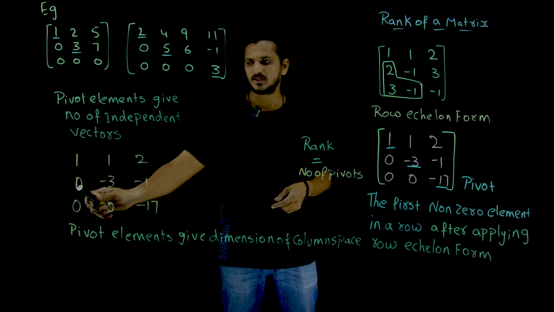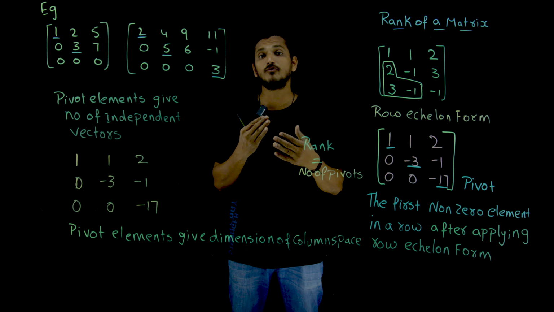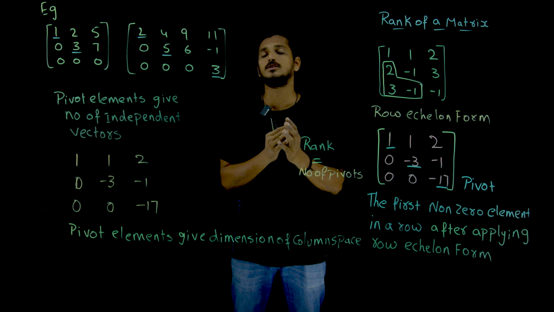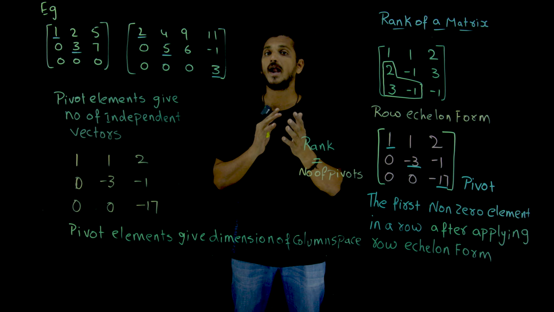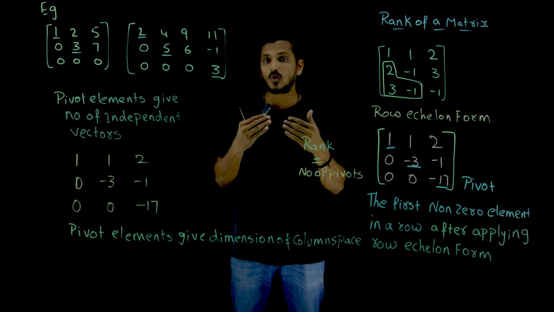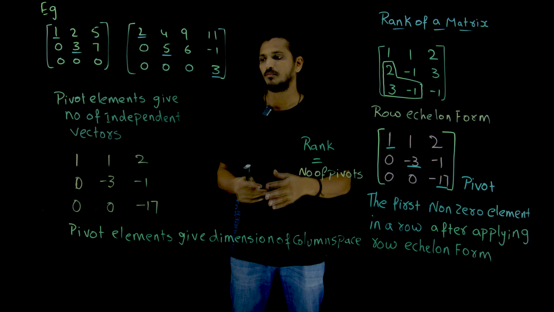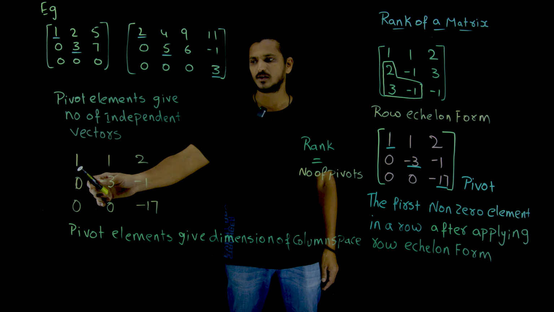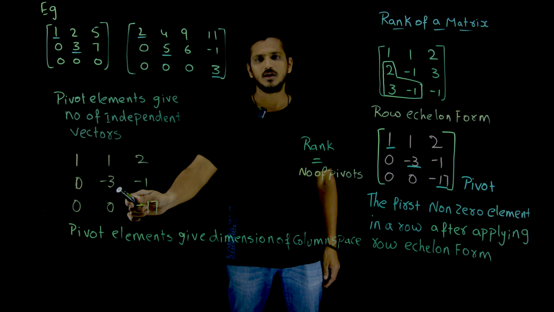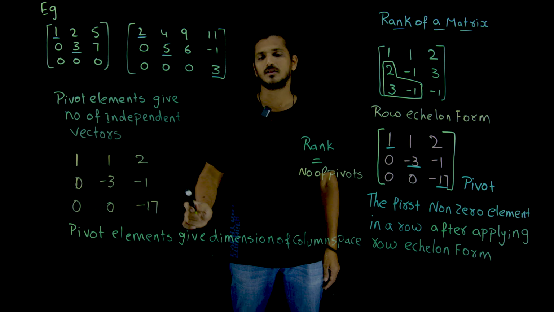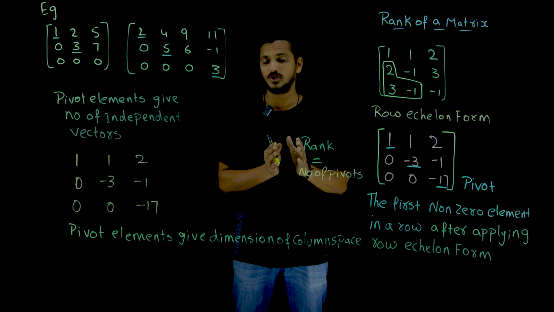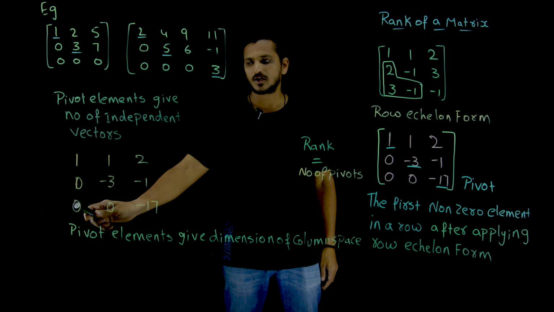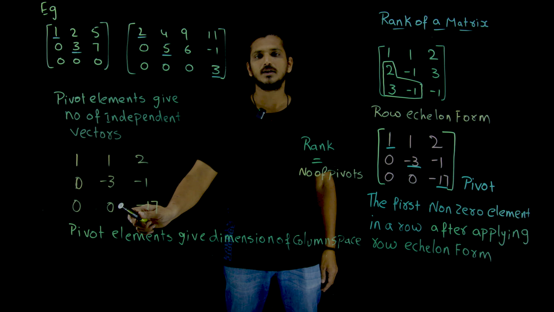You take the previous vector and do some vector algebraic operations, meaning multiply with a scalar or add 2 vectors. If by applying some scalar or adding 2 vectors you get this vector, then it is a dependent vector. But using this vector, we are unable to get this vector.